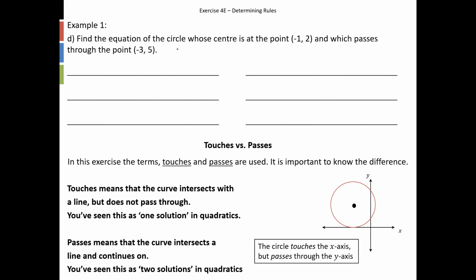Okay, this one: find the equation of the circle whose centre is at (-1, 2) and which passes through the point (3, -3, 5). So let's do a quick little sketch of this to give ourselves a bit of an idea of what's going on.